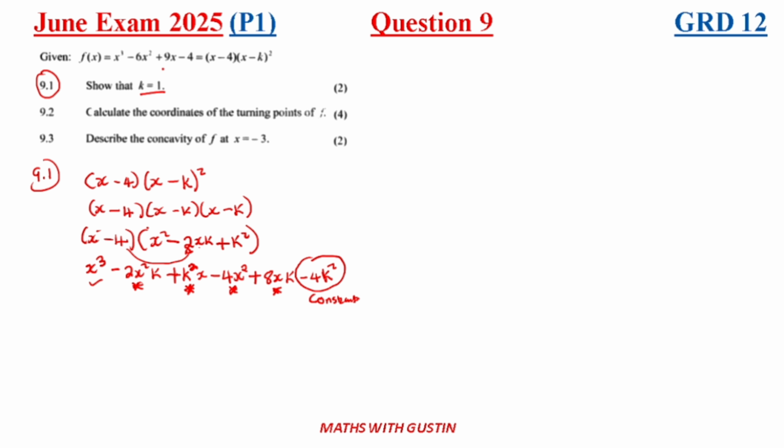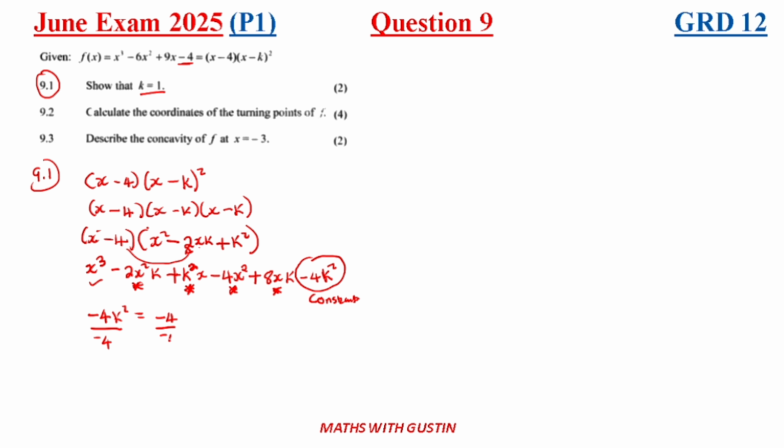Now if you have a look at here, they already told us the constant is this one, which is negative 4, right? So it means in this case you can say this negative 4k squared is equal to the negative 4 of this one constant that is there. All right, therefore you can divide both sides by negative 4.